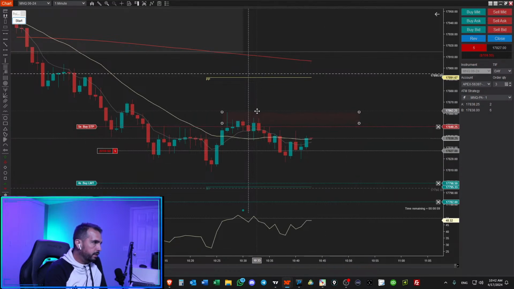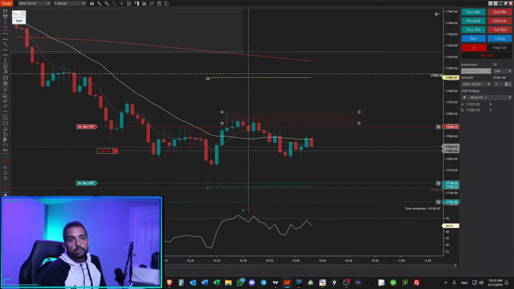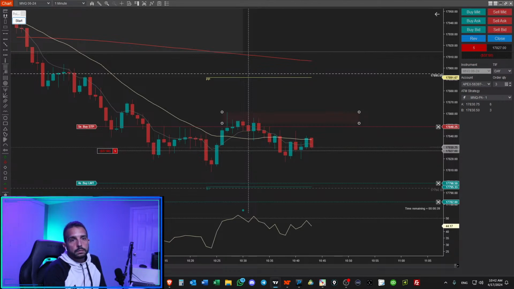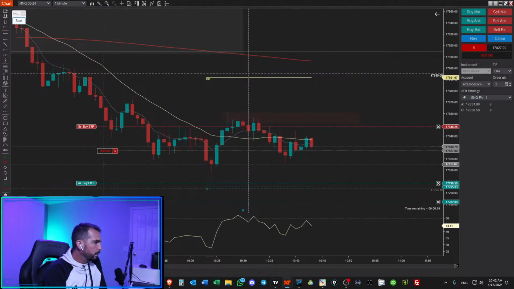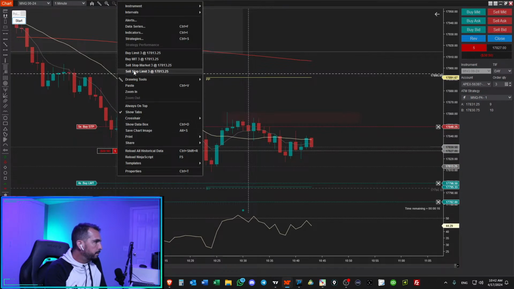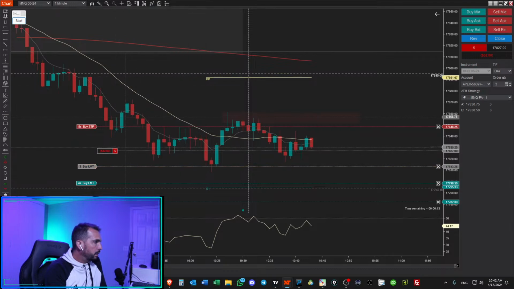I think it makes sense to have the stop up here, but it's going to be too expensive. I don't feel like having that. So I'll buy 3 limit right there.